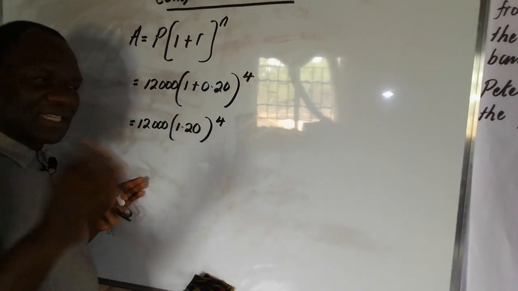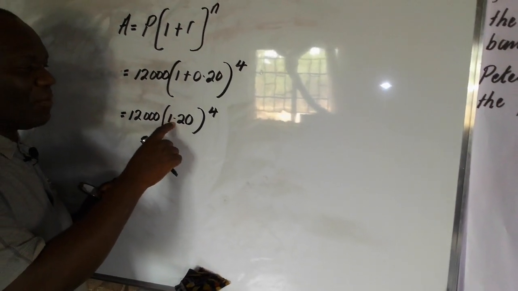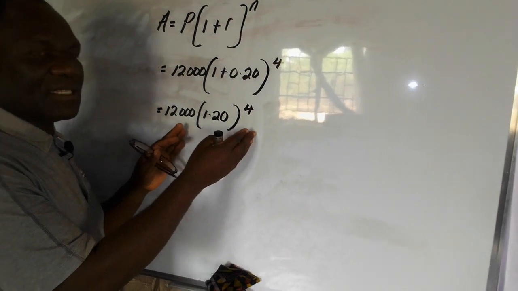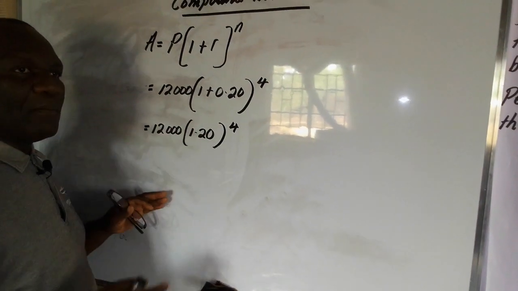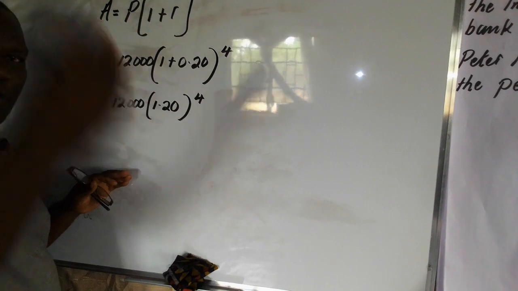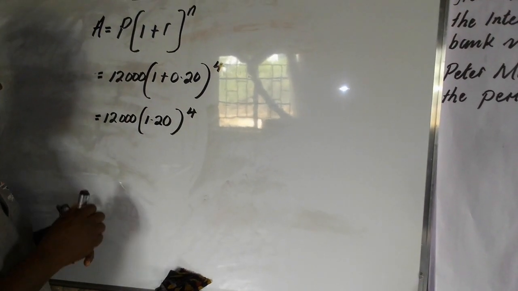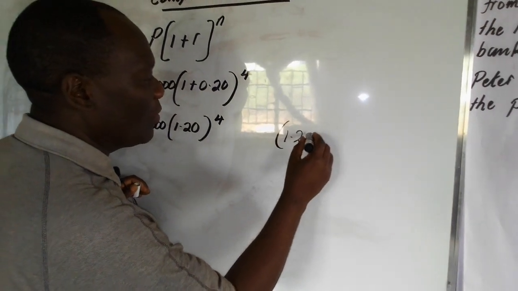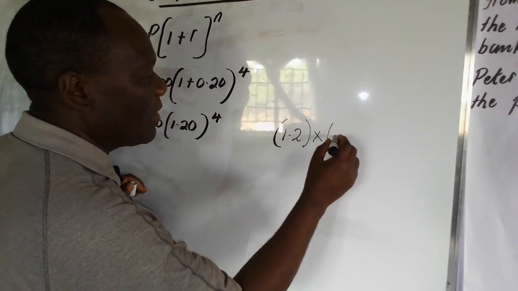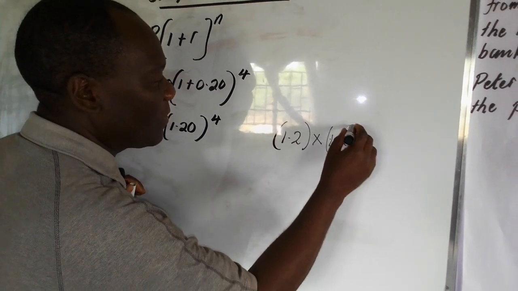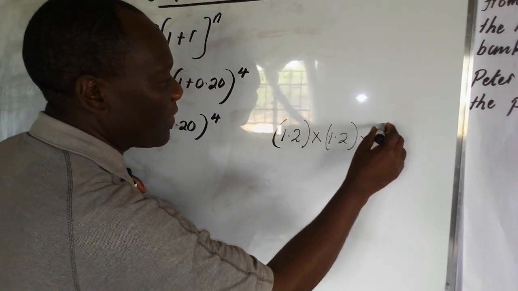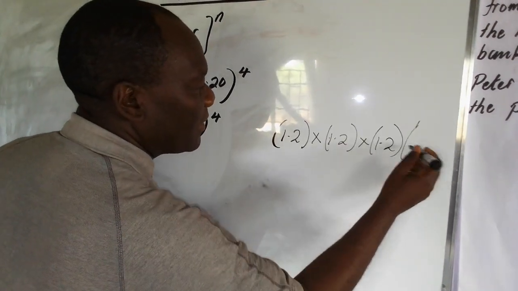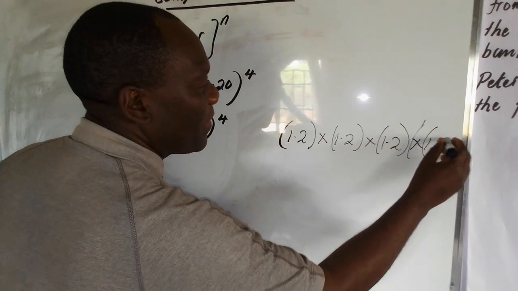Please don't make a mistake of multiplying 1.2 times 4. Don't. This simply means that this figure must be raised to power 4. So in short, this must be multiplied like this: 1.2 times 1.2 times 1.2 times 1.2.